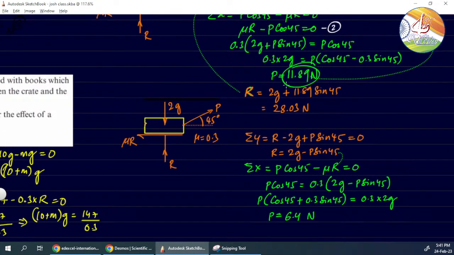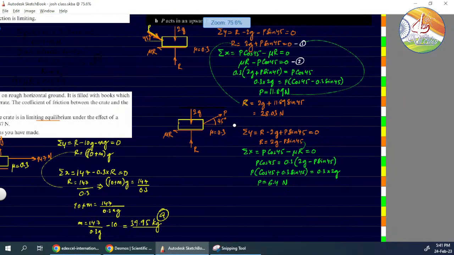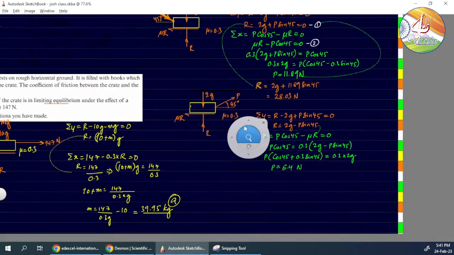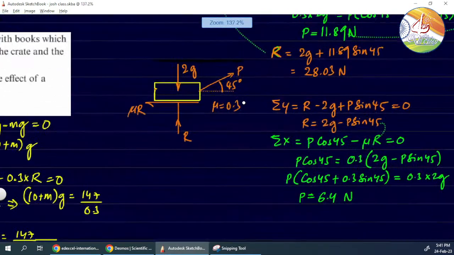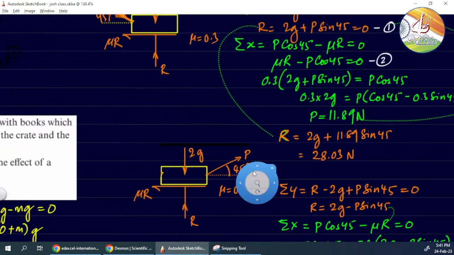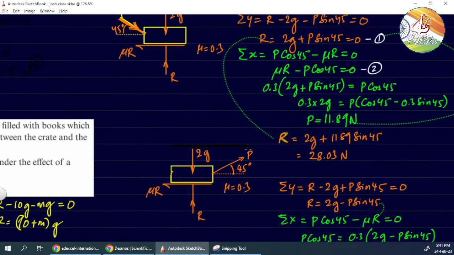So look at the difference in P required. Here it is 11.89, here it is 6.4, almost half. If you are pushing an object downwards, more force is required than when you are pulling it upwards. If asked the reason, it is because friction will be more.